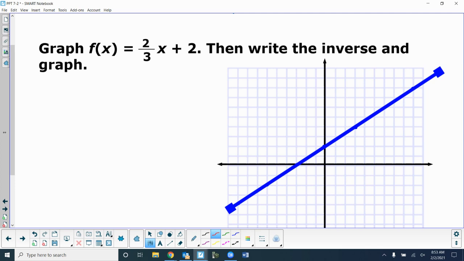And then you write the second one. So you have to switch and solve for y, the inverse of x that you already solved. Correct. Oh, that makes sense.